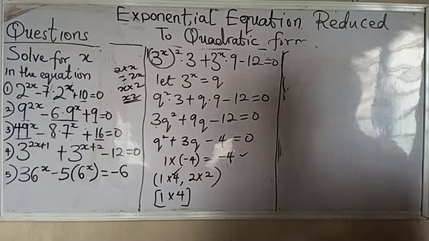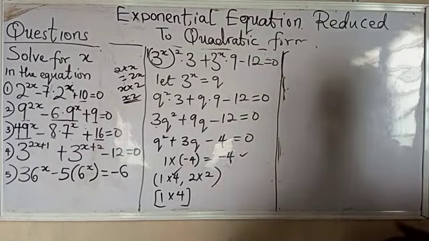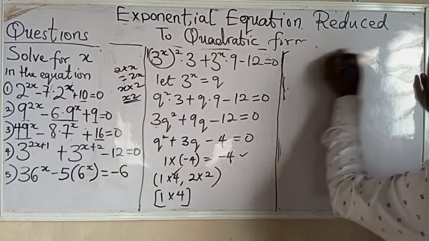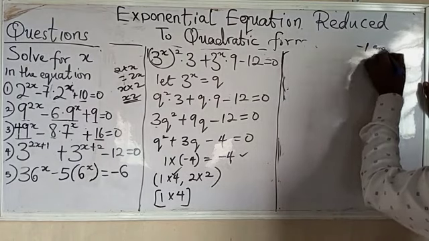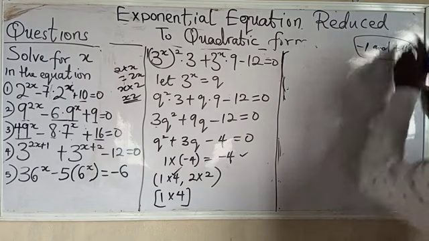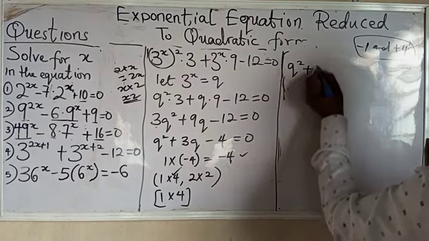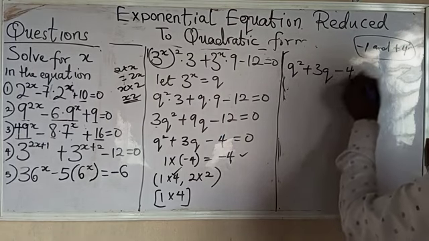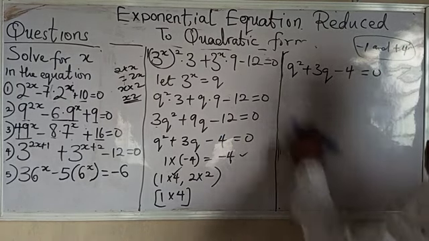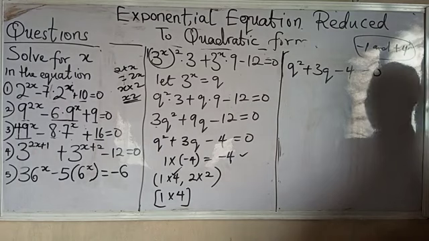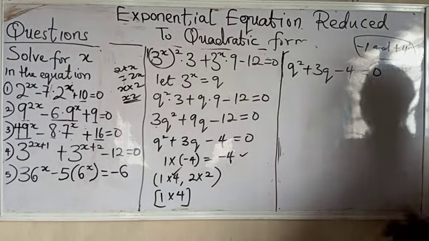So from here, I will write the equation. Let's not forget that minus 1 and plus 4 are the two possible factors for us. So we write q squared plus 3q minus 4 equals 0.